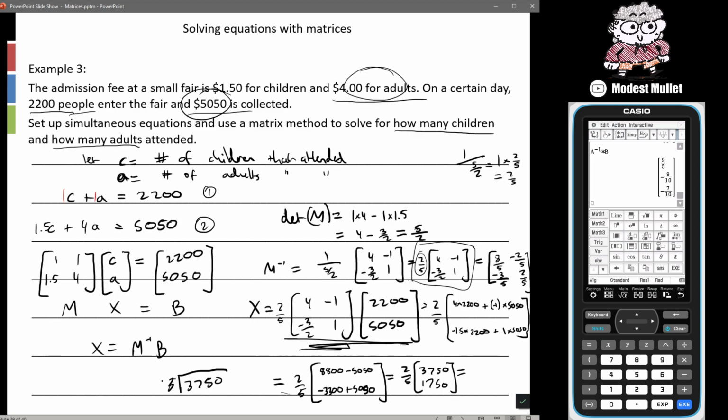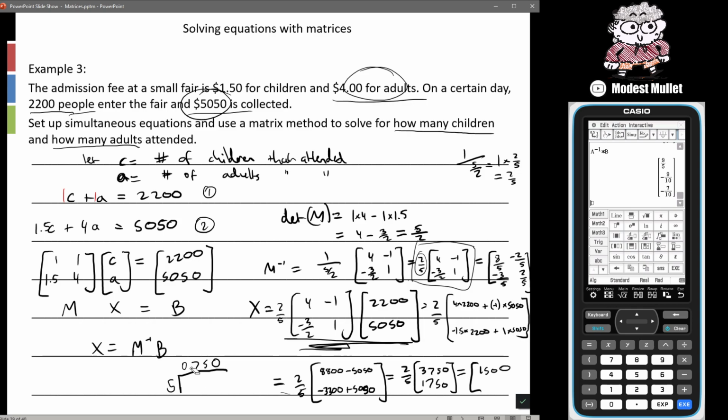That's why you're taught these things, because sometimes you have to use them. 5 into 3 can't do, so 5 into 37. You can get 7 of them with 2 left over. 5 into 25 is 5, put 0, so a fifth of 3750 is 750, so you're going to times that by 2. That is going to give you 1500.